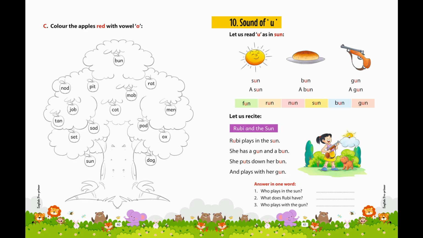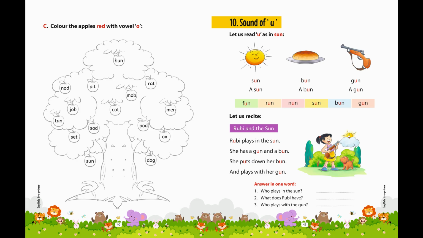Great job. Let us recite Ruby and the sun. Let's read the short rhyme. Ruby plays in the sun. She has a gun and a bun.